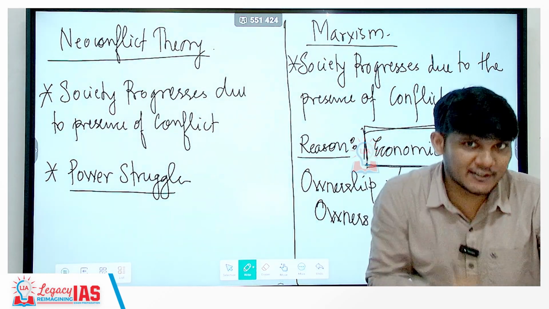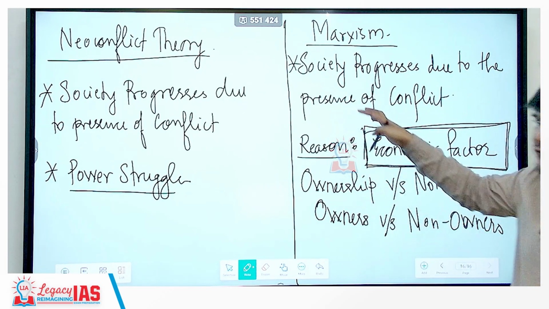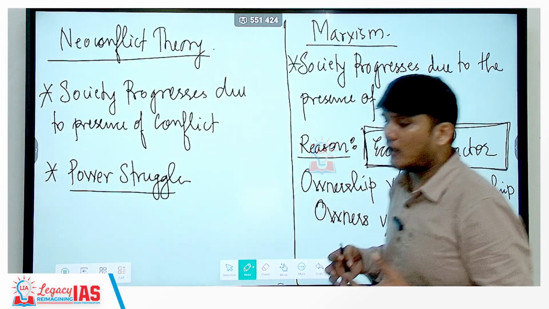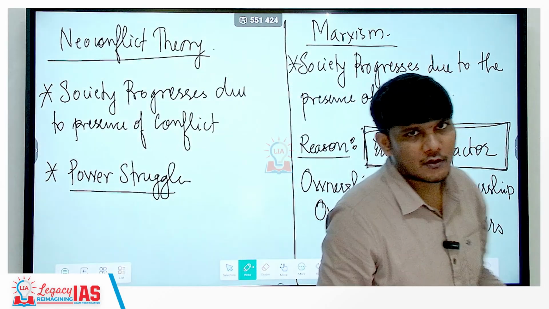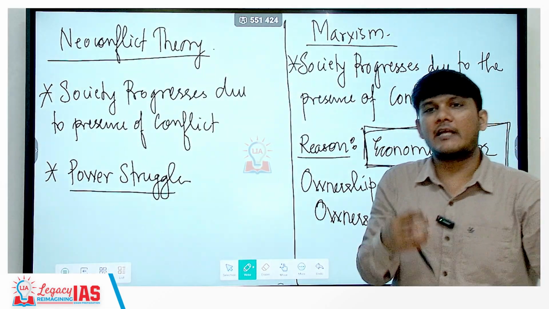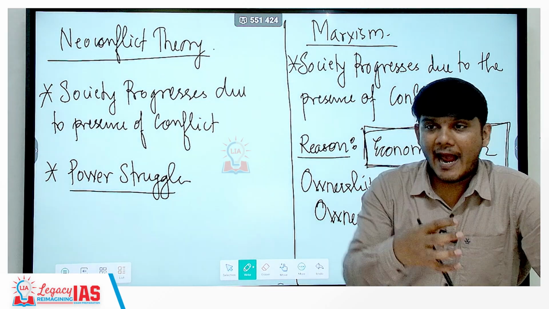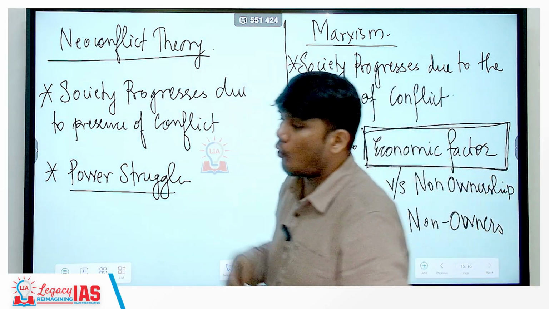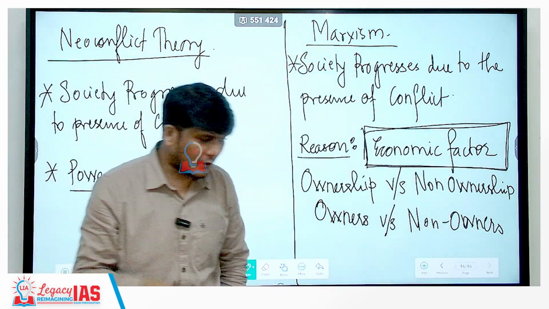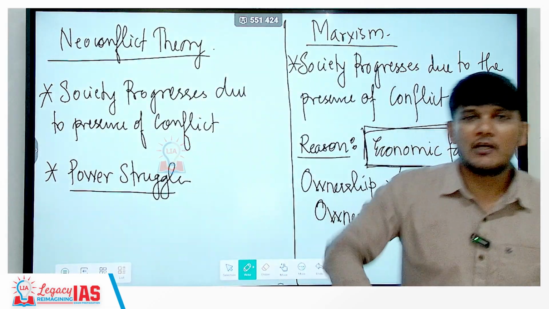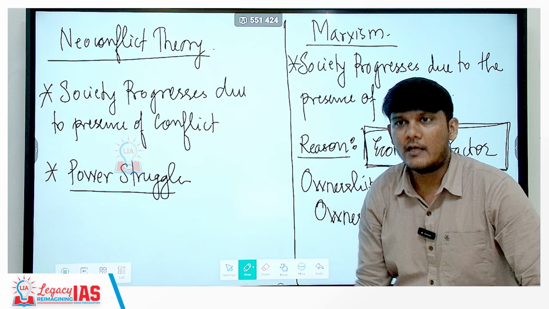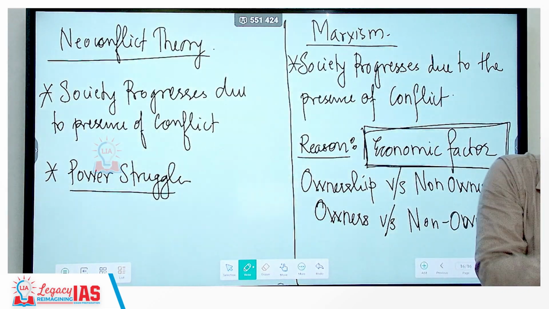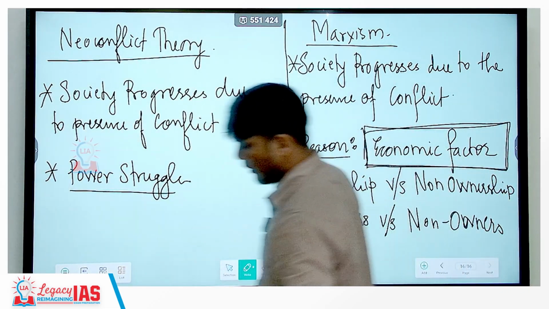And to an extent that is right. That means what? That since females are less owners, they don't own much. As far as ownership is concerned, they own very less. And the males are the ones who are owning majority of the forces of production, as a result of which it is the males that are dominating the society. So gender inequality is also stemming from the non-ownership.